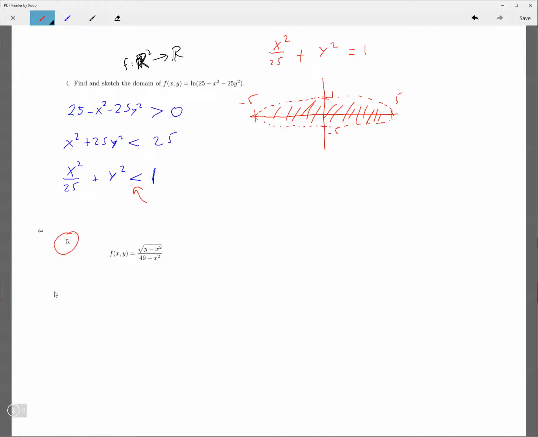Negative numbers. Yeah. You don't take the square root of negative numbers in this class because this is a real numbers class, right? So you can take the square root of 0 though. So greater than or equal to 0 is what you need.